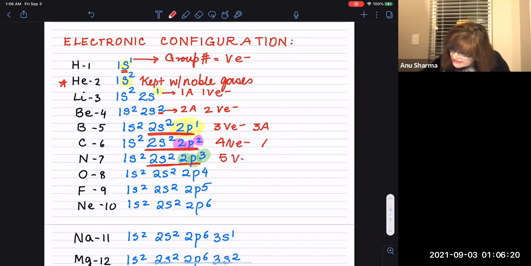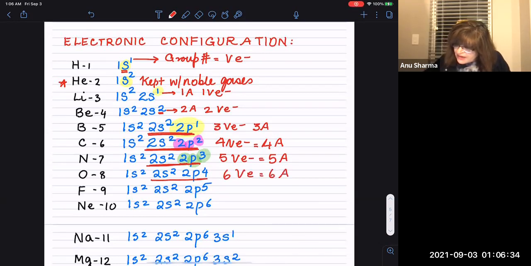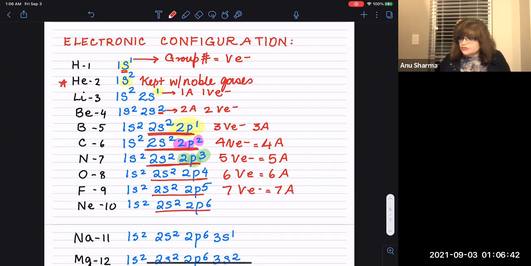That is 5a. Okay, this is 2 plus 4 is 6. So this is 6 valence electrons, and that is in group 6a. 5 plus 2 is 7, 7 valence electrons. So this is present in 7a. 6 plus 2 is 8 valence electrons, present in group 8a.